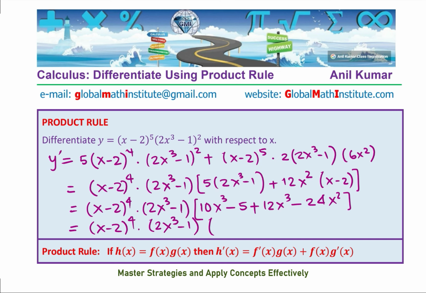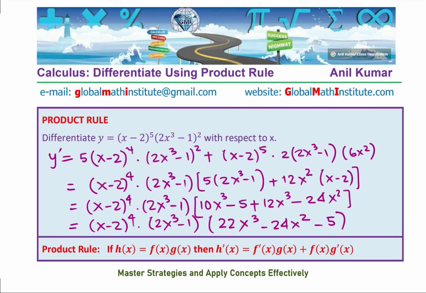And here we get 10x cubed plus 12x cubed gives us 22x cubed minus 24x squared. And then in numbers, we have minus 5. So that becomes the answer of this particular question. I hope the steps are absolutely clear.